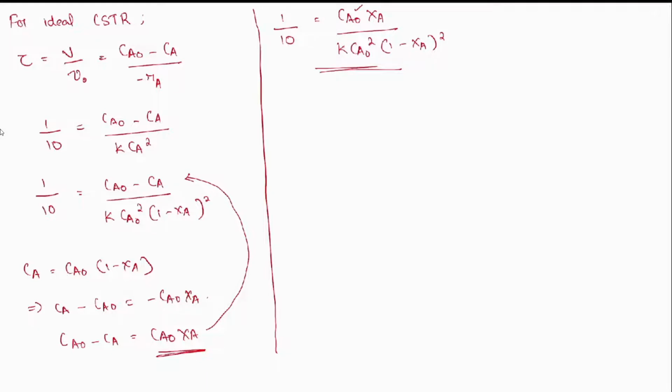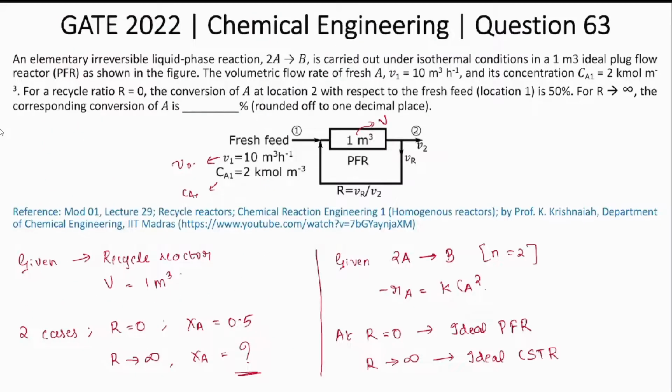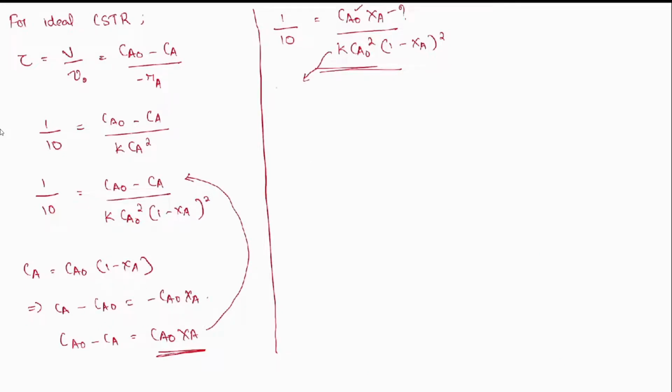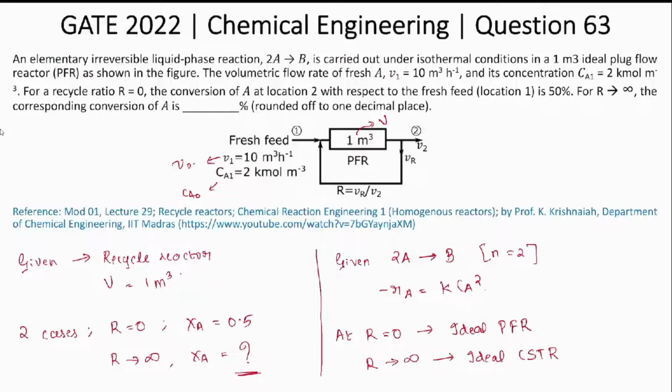Here we have Ca0, but Xa is what we need to find, and K, the reaction rate constant, is also unknown.